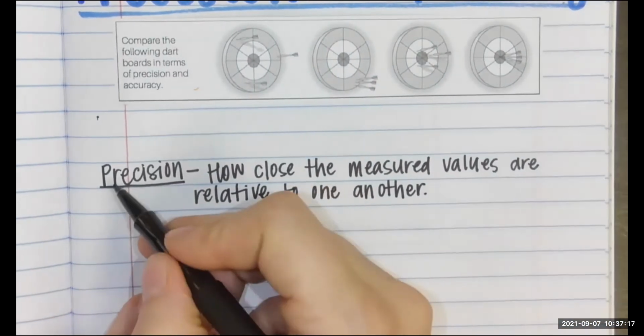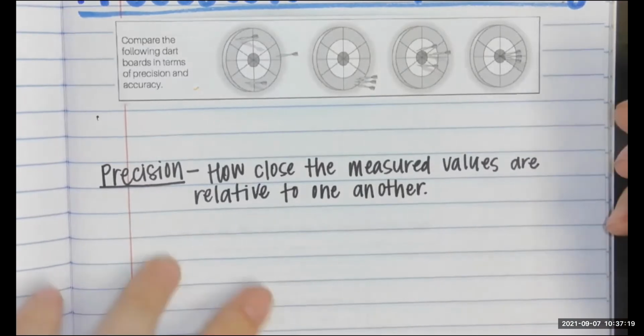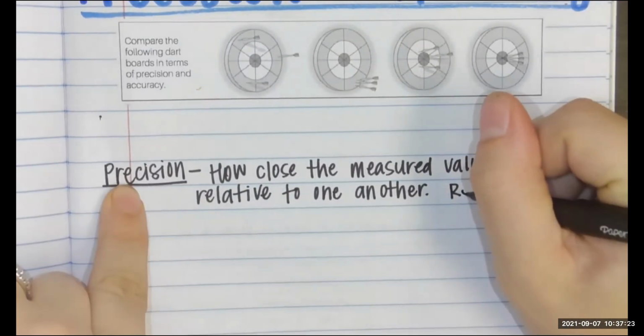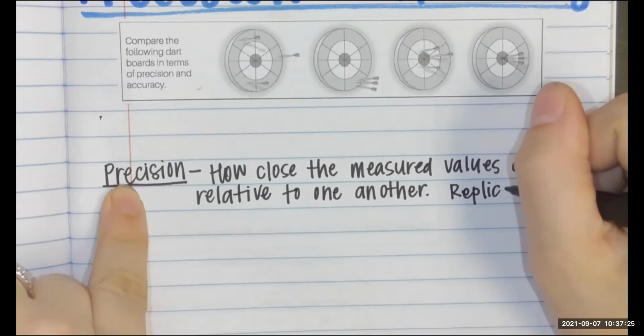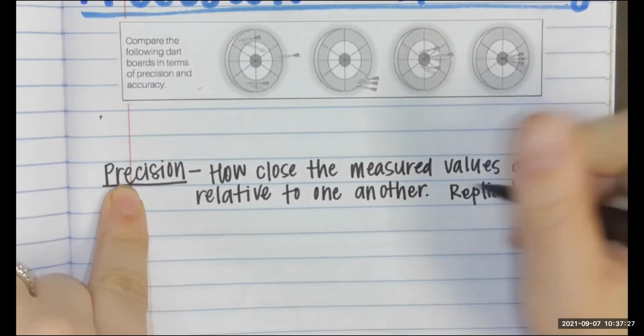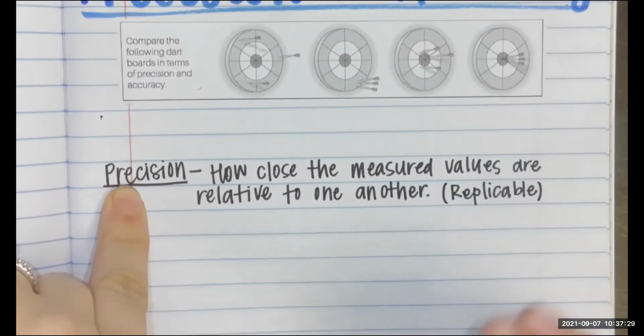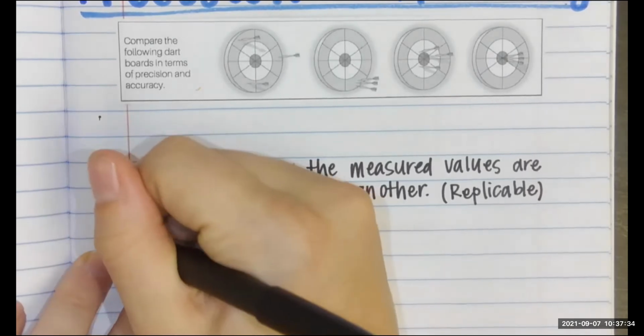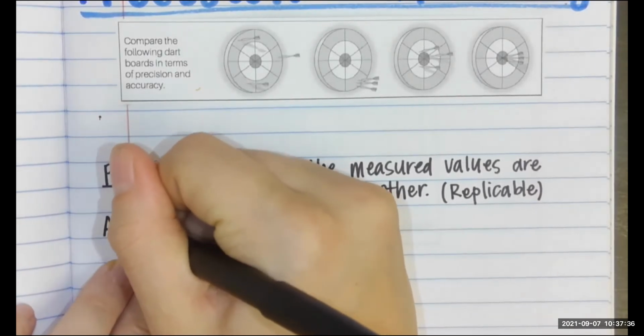I like to think of precision as replicable. It's got the R in it. That's how I remember it. I can do it over and over and over again and get the same result each time. That means it's precise. Doesn't mean it's accurate though.